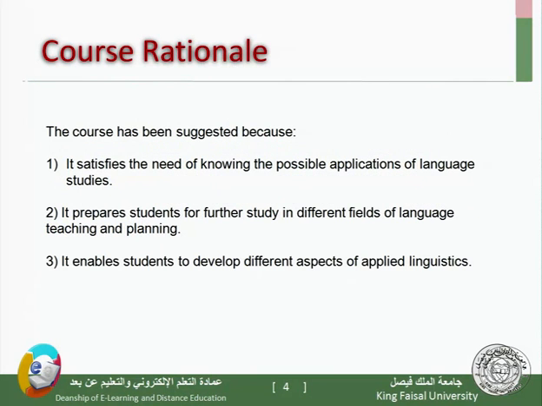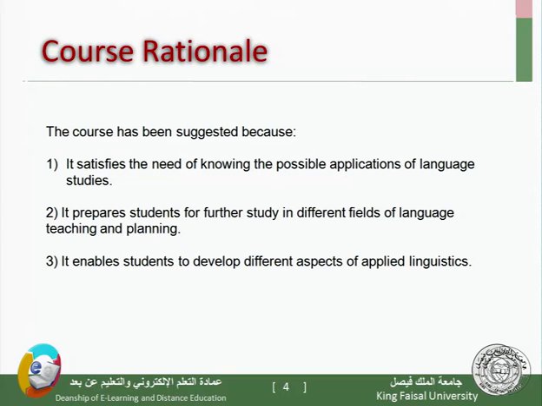Now let me take you to the course rationale. The department thought that the course is important to students, since it satisfies the need of knowing the possible applications of language studies. I'll repeat that again. It satisfies the need of knowing the possible applications of language studies. And it also prepares students for further study in different fields of language teaching and planning.